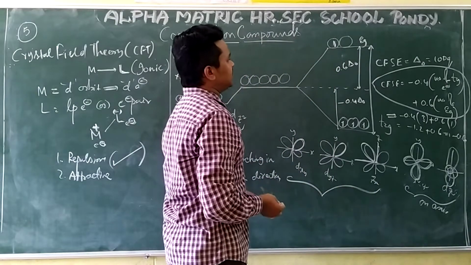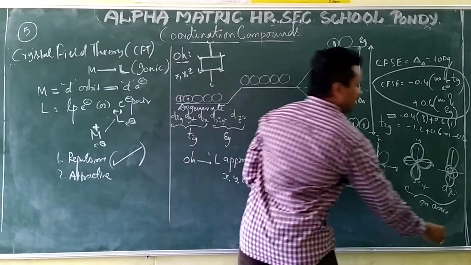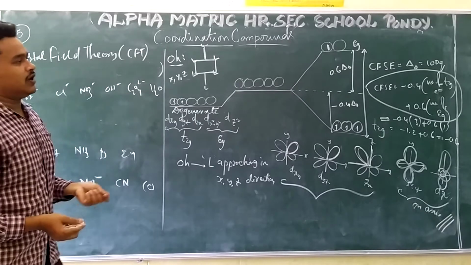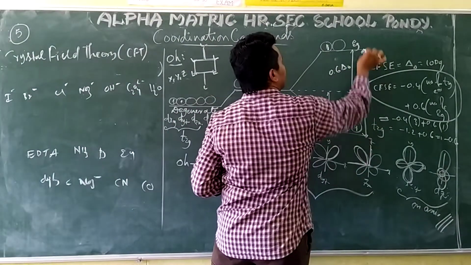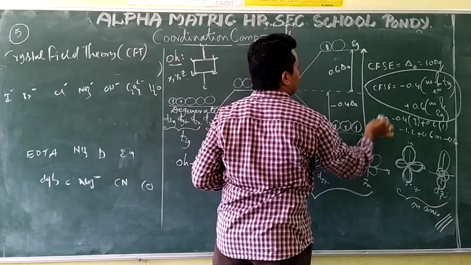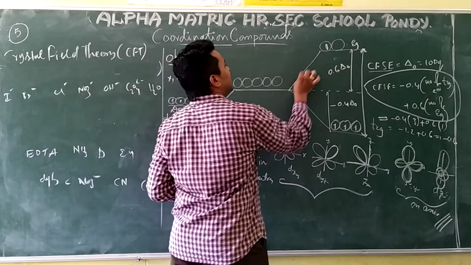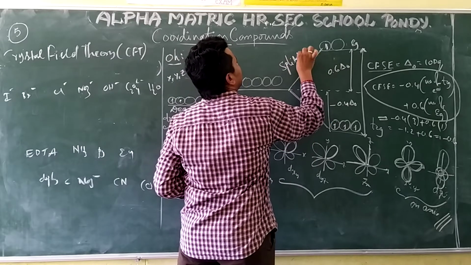This CFSE value, the energy difference between Eg orbital and T2g orbital, we are calling the CFSE value. This is because of splitting.